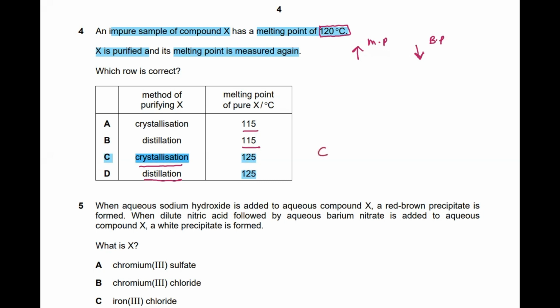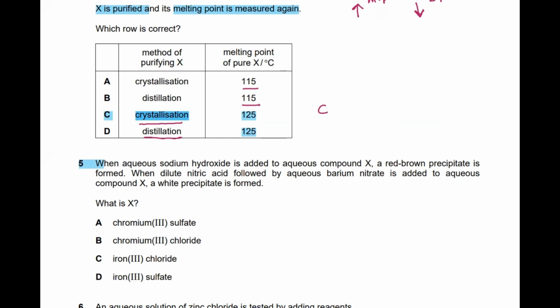Coming to the next part, that's question number 5. It says that when aqueous sodium hydroxide is added to an aqueous compound X, a red-brown PPT is formed. When dilute nitric acid followed by aqueous barium nitrate is added to aqueous compound X, a white PPT forms.